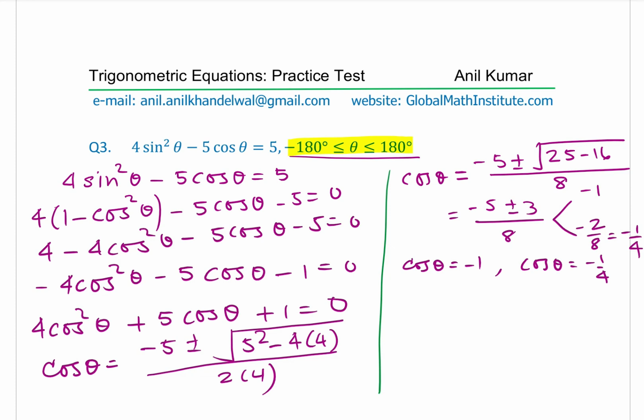So for cos theta equals minus 1, within this particular domain, what is the solution? Let's look into the cosine graph once. The cosine graph can be sketched as, let me sketch it here.